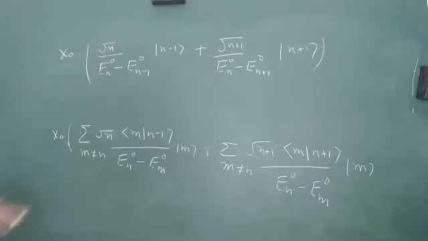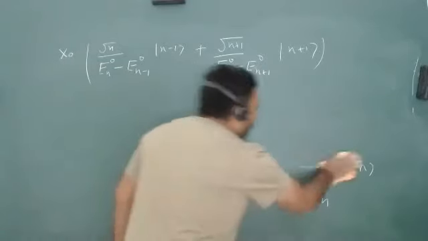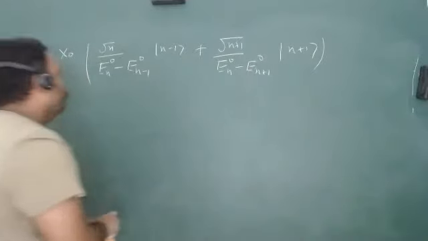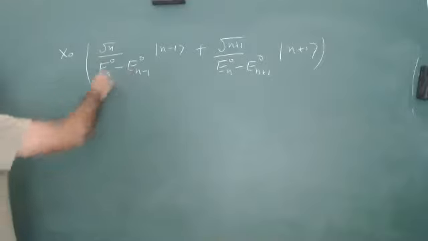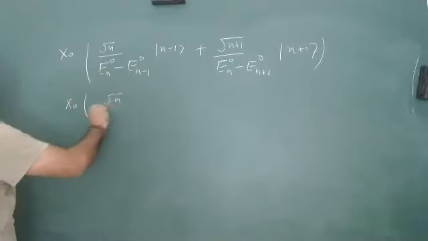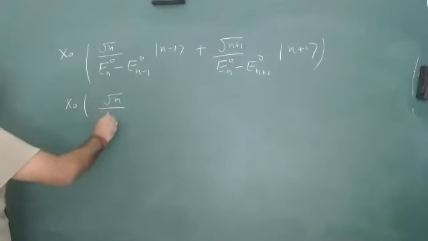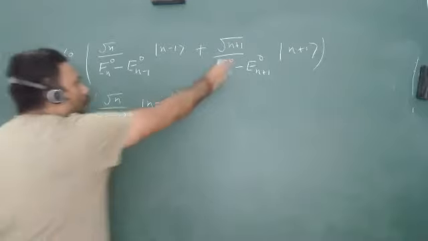And now what will be this value? E(n minus 1). Please tell me what will be this value? This is x naught. Very good. This will be root n, and this will be h cut omega, and this will be n minus 1. What will be this value?